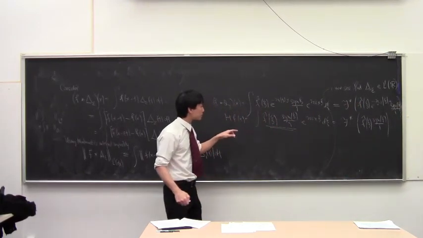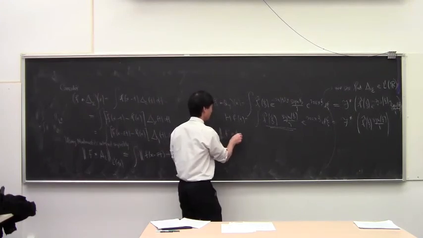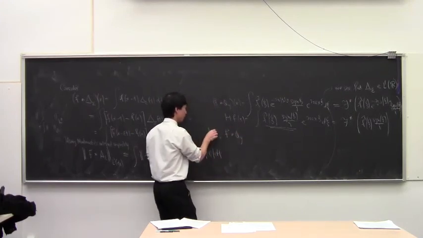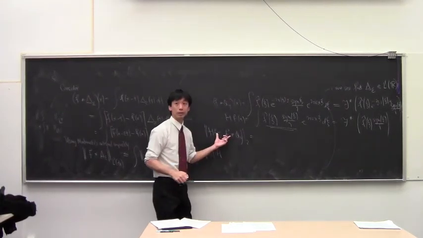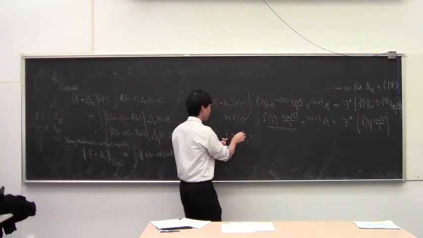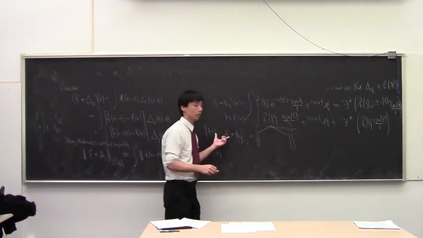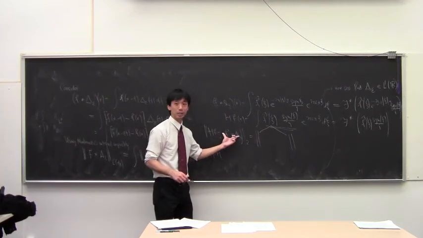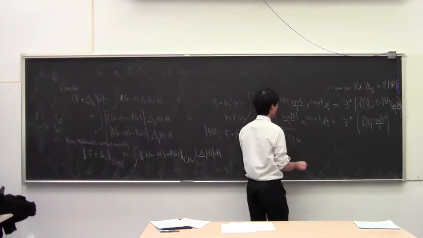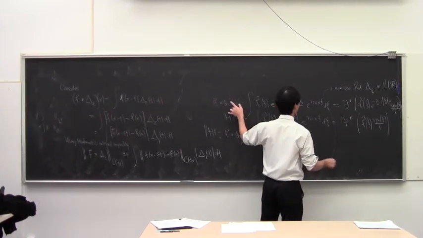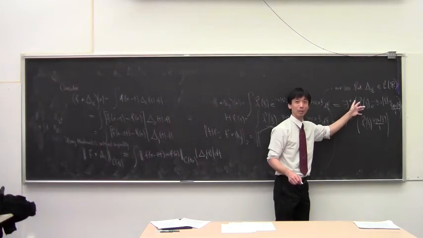So now, what's the L2 norm of the difference? By Plancherel's theorem, the L2 norm of the function is the same as the L2 norm of its Fourier transform. So we take the Fourier transform of these, but each of these is the inverse Fourier transform of something.